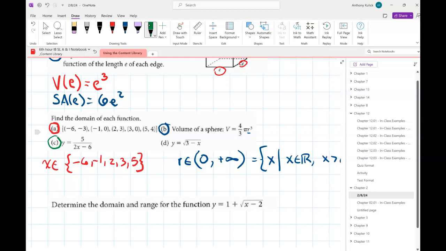So to figure out my domain, I'm going to take the denominator, or the divisor, of my division problem and say that I know that it cannot be 0. What value can x not take then? 3.